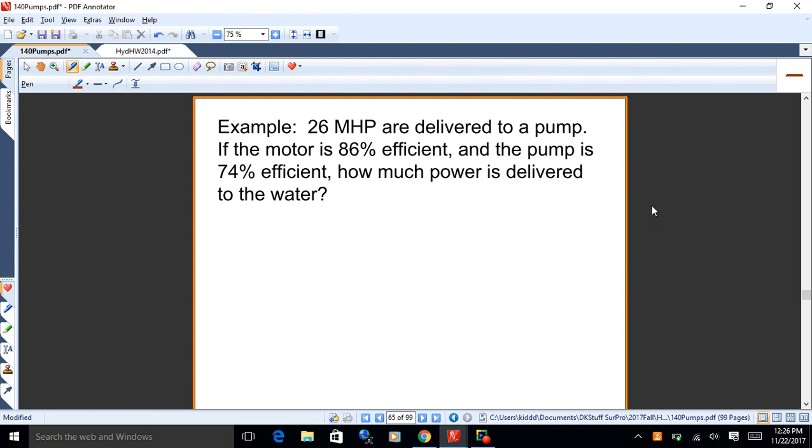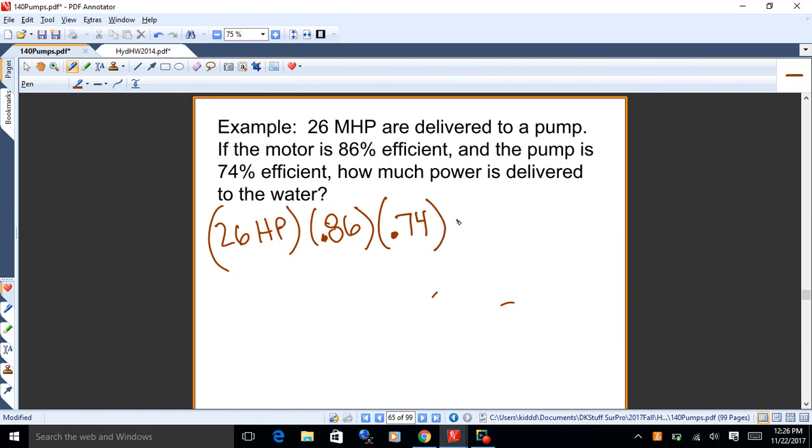Okay, so if you've got 26 motor horsepower that's delivered to the pump, and the motor's 86% efficient, well, that would be 0.86. You make it into a decimal when you're doing these calculations. And the pump is 74% efficient.